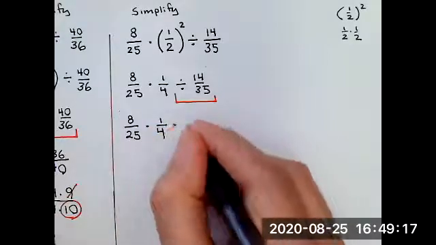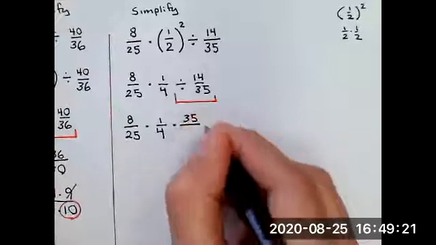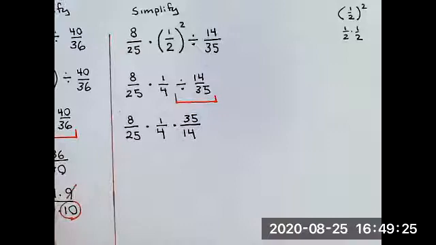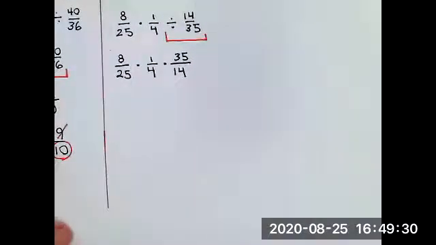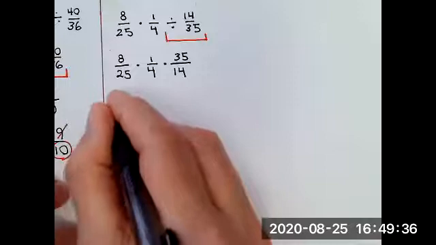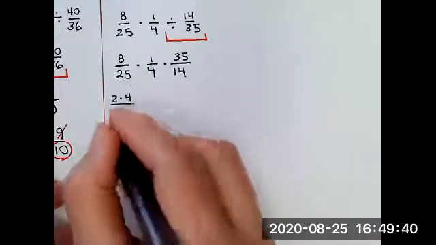Remember, the number you're dividing by is called the divisor. And then before you multiply, you want to reduce. So 8 is 2 times 4. 25 is 5 times 5.